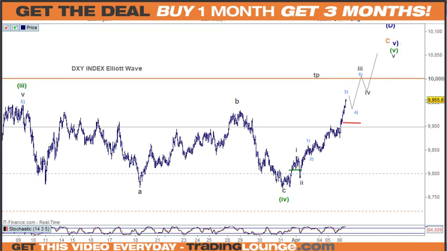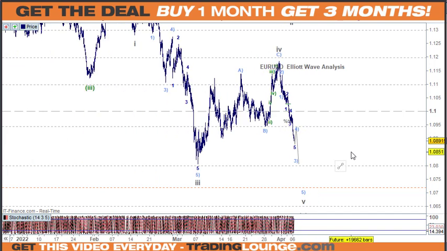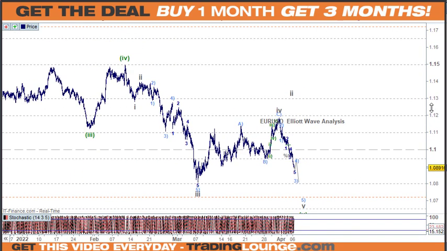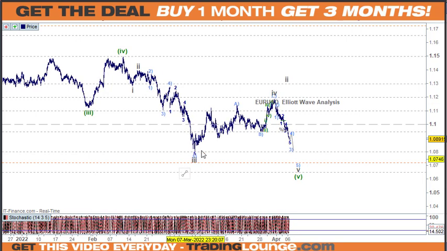Now the euro is going to be doing the opposite. This is why I labeled it like this, with this wave coming into this wave 3 here. That's kind of what I'm doing over here with this as well, coming into this wave 3. So in the bigger picture here, just squash everything up, from this wave 4 we've had 1 and 2 and 3 and 4 here, and then going down 5.